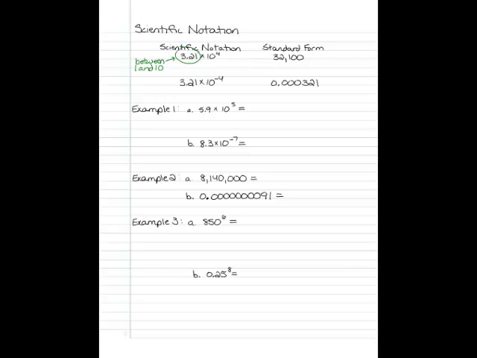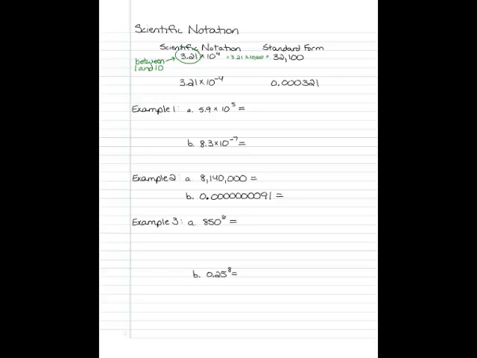Now essentially what you're doing is taking 3.21 times 10 to the fourth, which is 10,000. So 3.21 times 10,000 will give you 32,100. That's the main idea here.